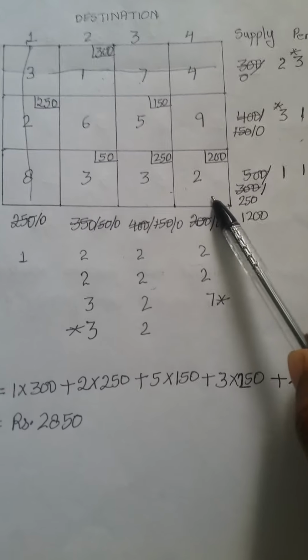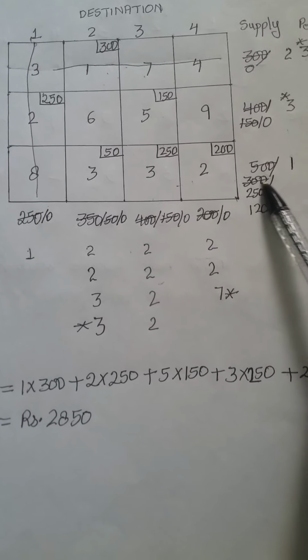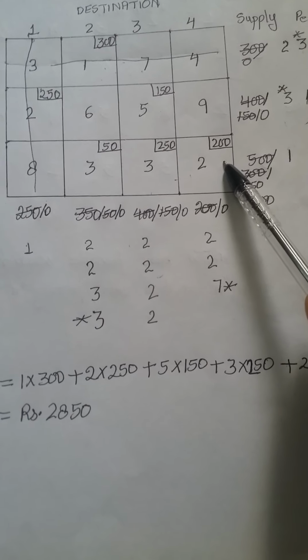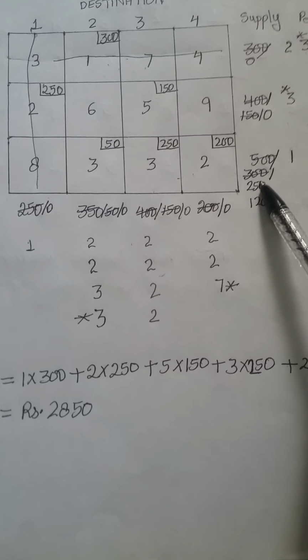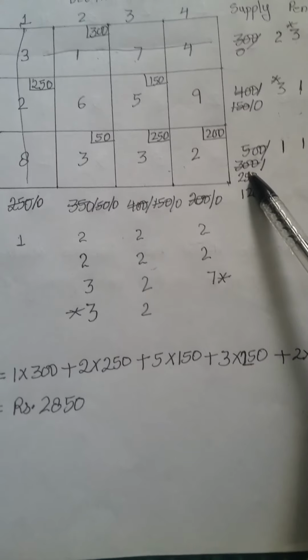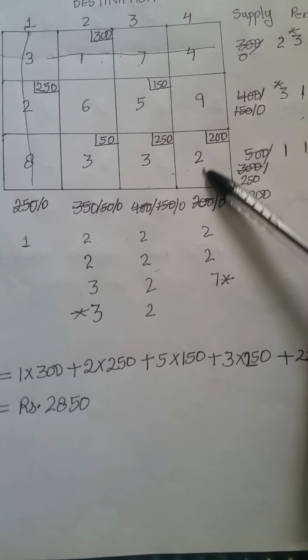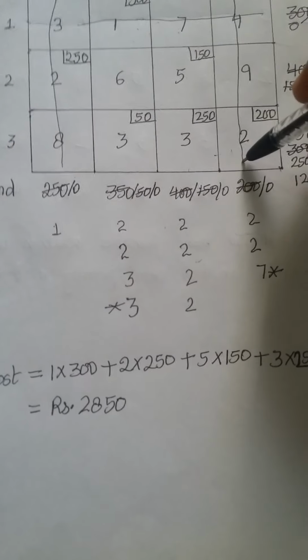In this cell how much allocation can you make? 200, and 500 was the initial demand. So you can make an allocation of 200 units over here. So this becomes 0, and 500 minus 200, we still have 300 units of demand. Since this column's demand has been fulfilled, you will also delete this column.